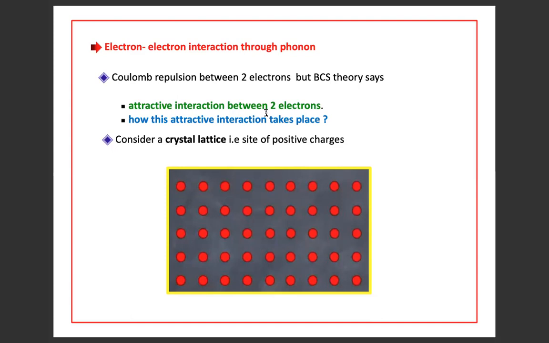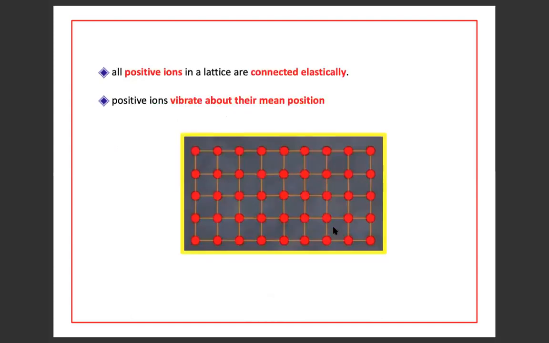So we'll see how this attractive interaction takes place. For that, we consider a crystal lattice, that is, a site of positive charges. All these red circles are the positive ions, and all positive ions in a lattice are connected elastically. Positive ions vibrate about their mean position.